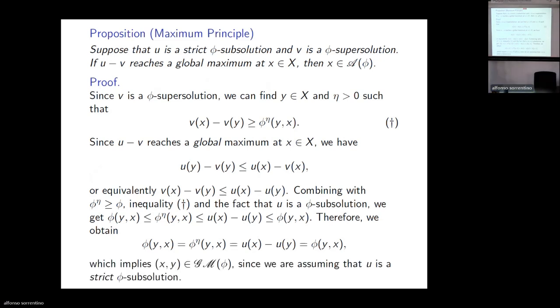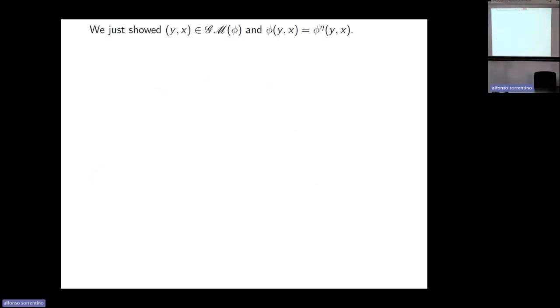Now, this implies that x y is in the graph of the Mather relation because u is a strict subsolution. So we showed that y x is in the graph and phi(y x) is phi eta of y x.